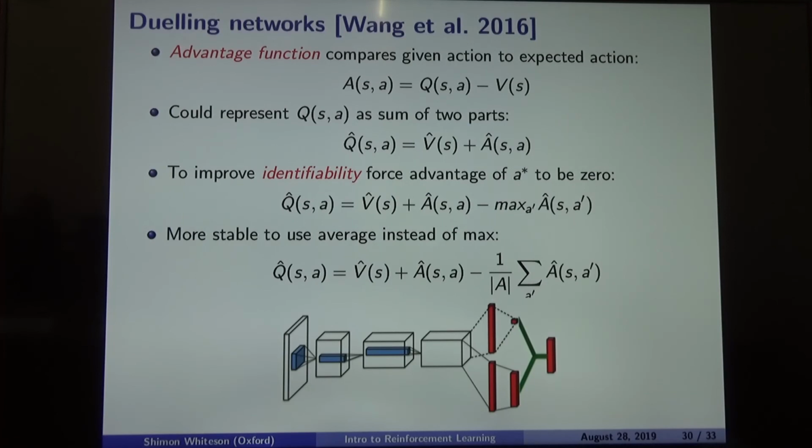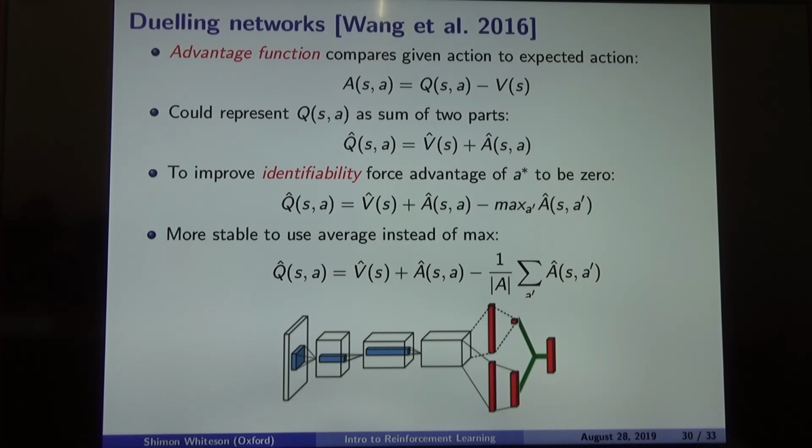In order to address this identifiability problem in the dueling network, the advantage estimate represented by this part of the network doesn't actually represent the advantage function. It represents the advantage function plus some offset, and that offset is the value of the best action. So here we take a maximization.